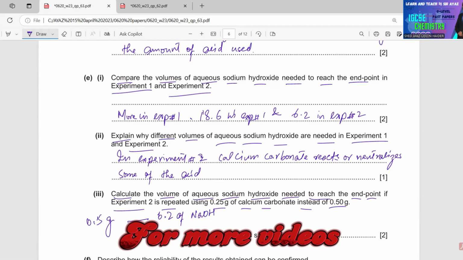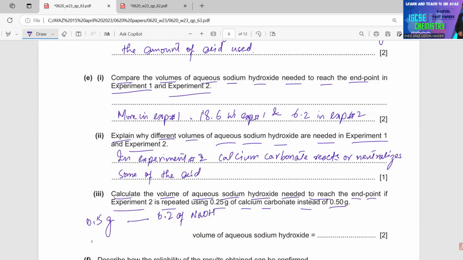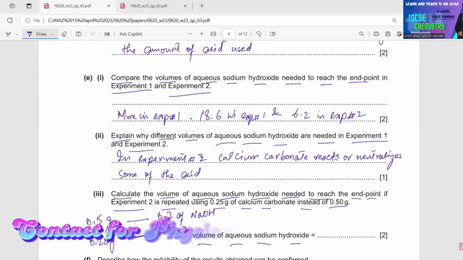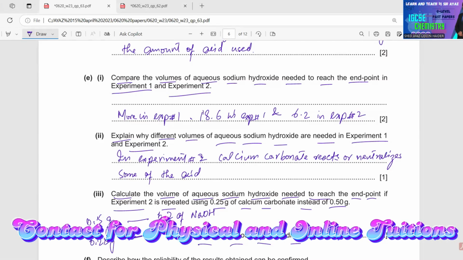So if you decrease this mass to 0.25 gram, you have actually halved the mass, so the volume of sodium hydroxide will get doubled. We need to multiply 6.2 by 2 in order to get the volume of aqueous sodium hydroxide used here. 6.2 multiplied by 2, we get 12.4. Then it must be 12.4 centimeter cube.